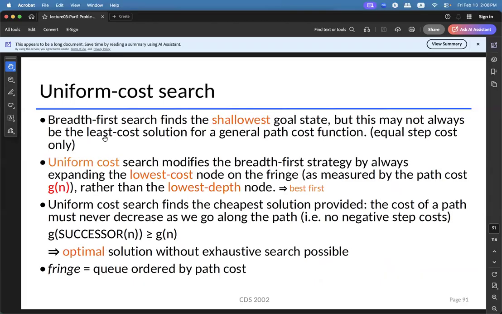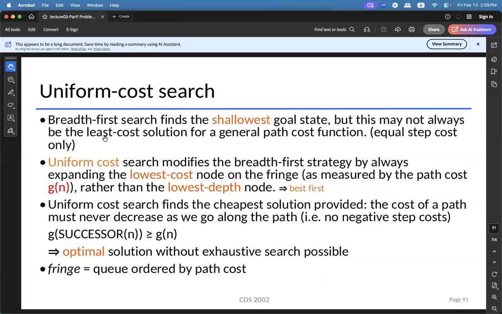And the next concept is called uniform cost search. When we are talking about uniform cost search, we are actually making some modifications to breadth first search. Essentially, in breadth first search, we are prioritizing nodes that have a lower depth.